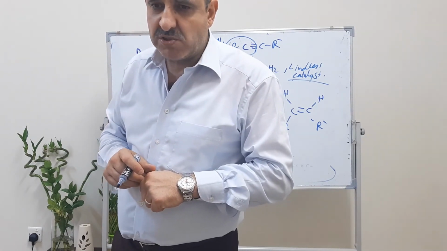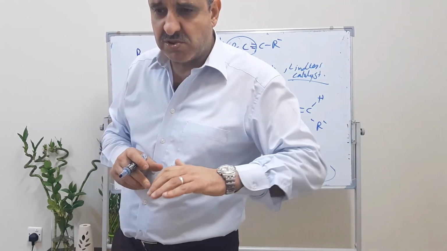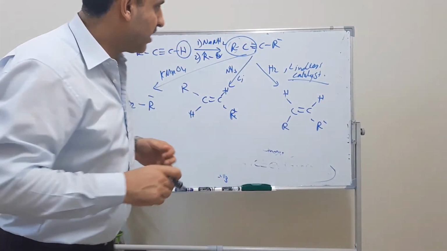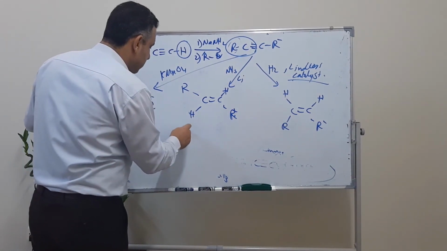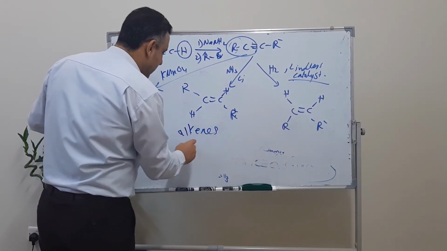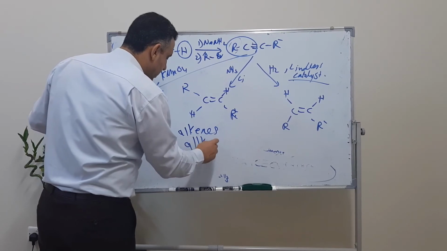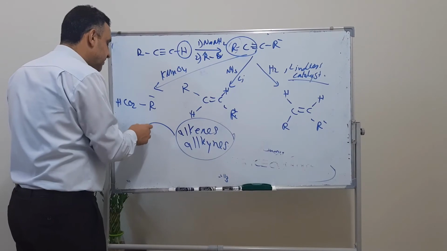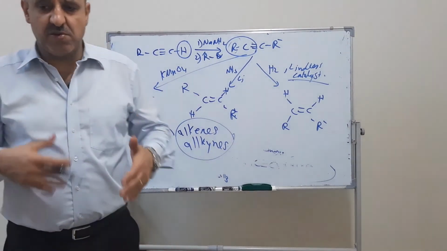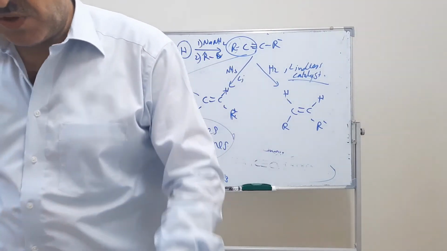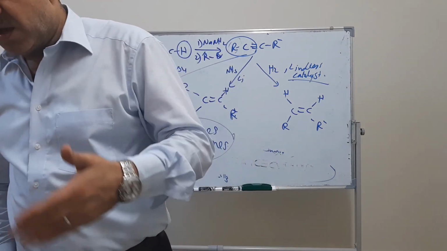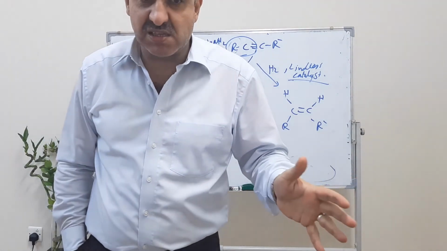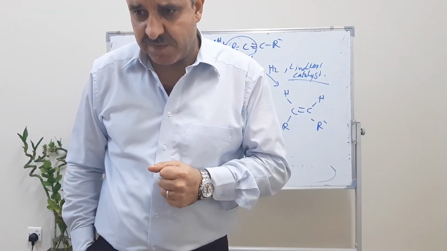What I'm going to do this afternoon is upload a homework assignment for alkenes and alkynes, and you're supposed to submit it next week, in order for you to keep up with what we are studying and not to keep a lot of material which is not studied in the appropriate time. Clear, guys?